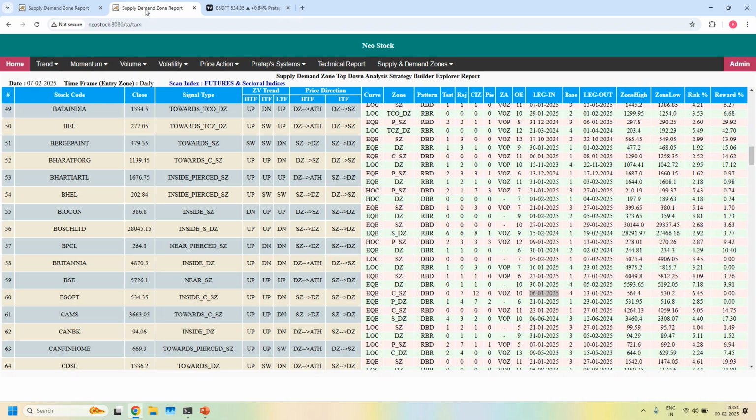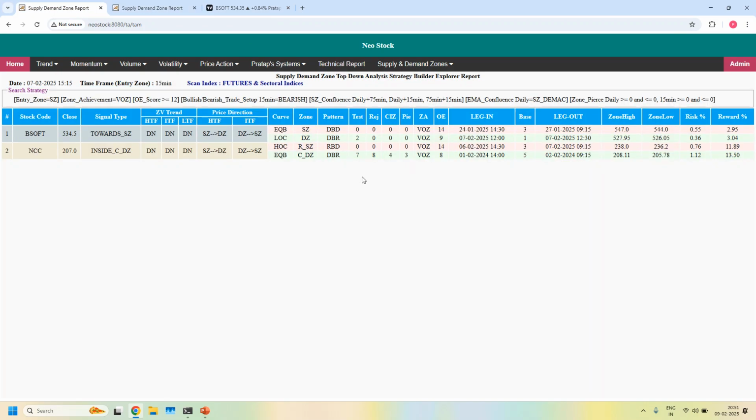But some of these are already high liquidity zones. See, NCC is a high liquidity zone. But from the original list, I think one more high liquidity zone is there. Please look into the earlier recording so that you know how many high liquidity zones are there out of the 6 stocks.